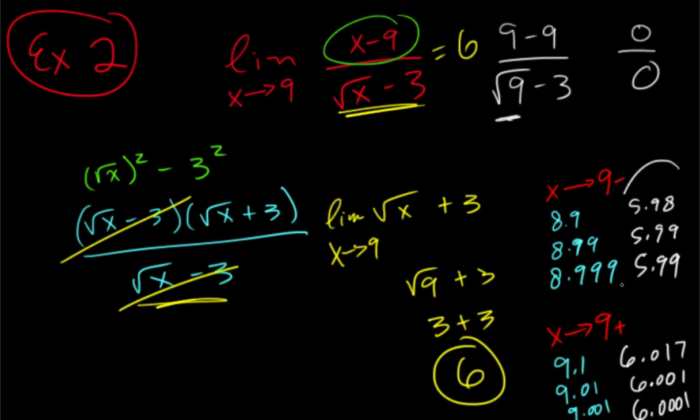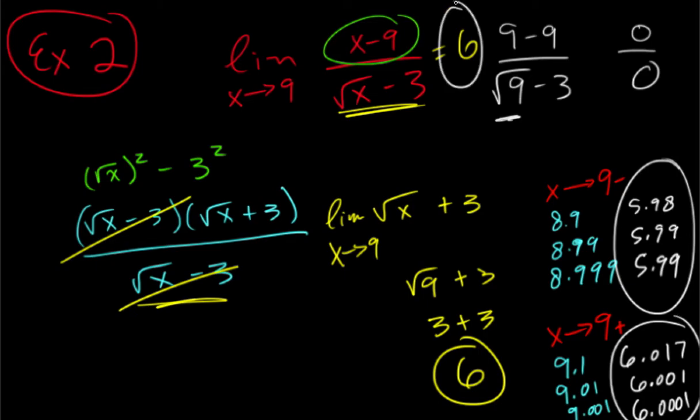We can see these are close to 6, and these are close to 6. And so since they're both approaching the same number, if the left-handed limit and the right-handed limit are the same, then we say that the limit is that value. This is a way to approximate what the limit would be, and once again we get the same value of 6.